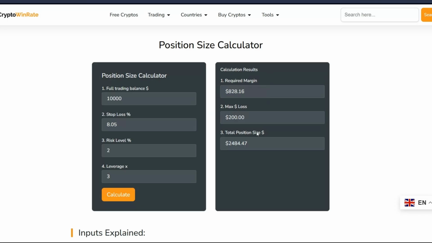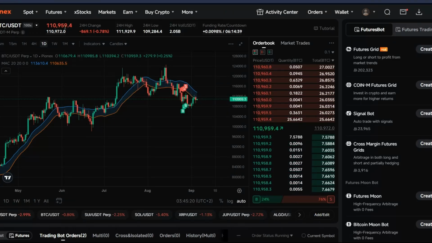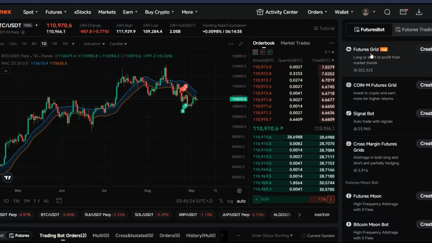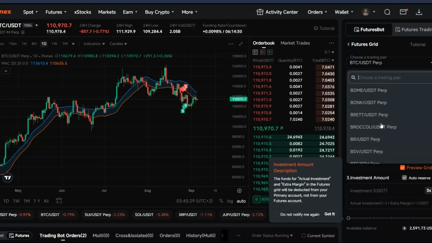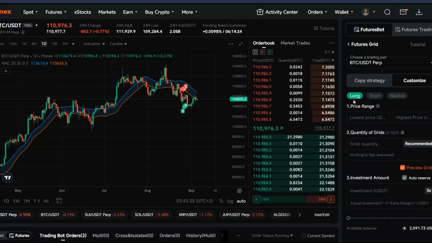Now, what do I do with all this information and with this plan? Well, I go to my account, I go to futures, and I come to the futures grid. Now, make sure that I'm on BTC, otherwise I can always change, yeah? That is Bitcoin USDT perpetual, and I want a long position bot. Cool.